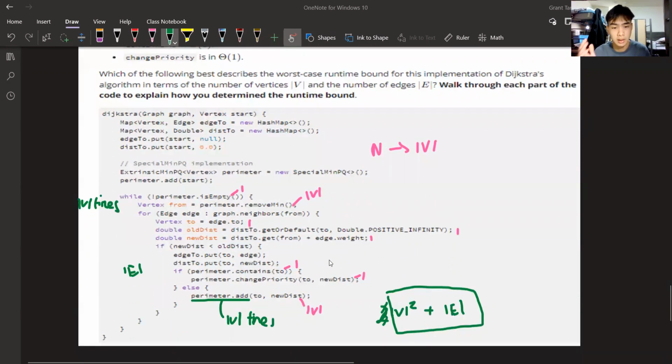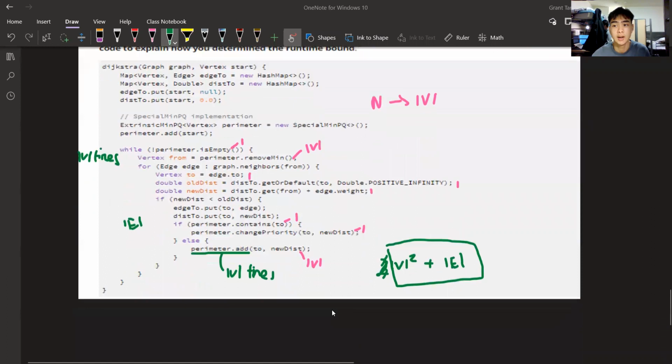Next, I want to determine the runtime of each of the methods of the priority queue in this code. Here we can see isEmpty is a constant runtime. Remove min will be v, the number of vertices. Here this is all constant as well, so these aren't really important. The dot contains is also a constant runtime, so we don't really have to care. The change priority as well is a constant runtime, and the dot add method is v.